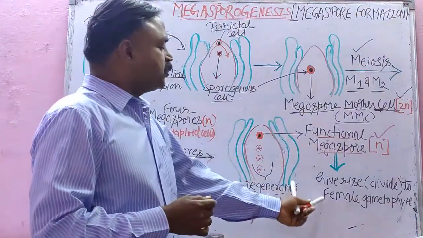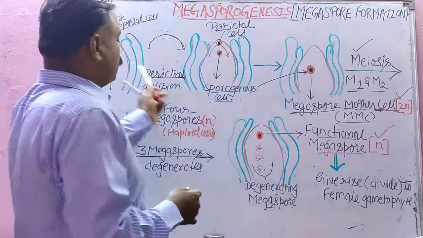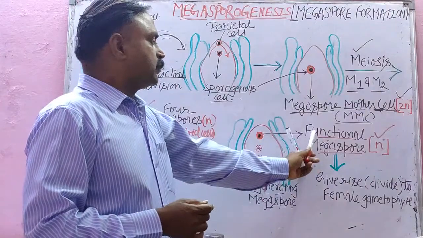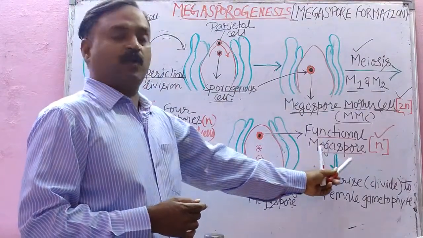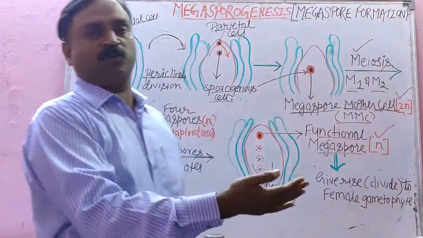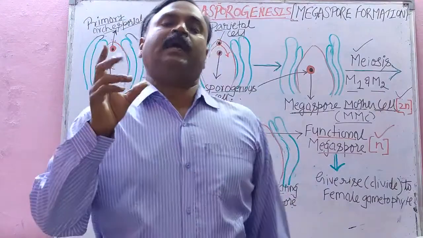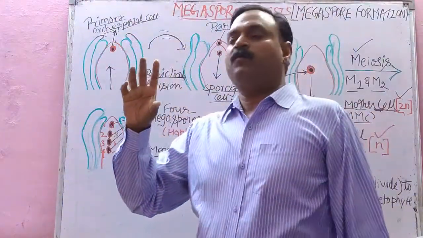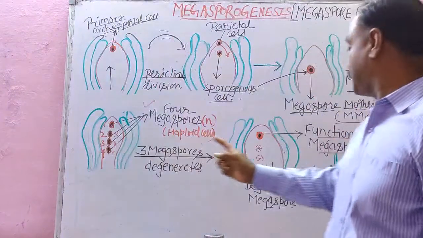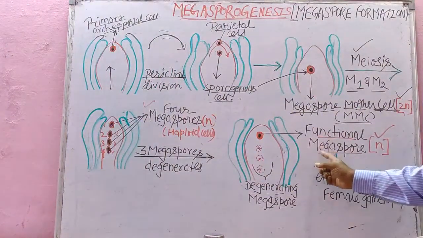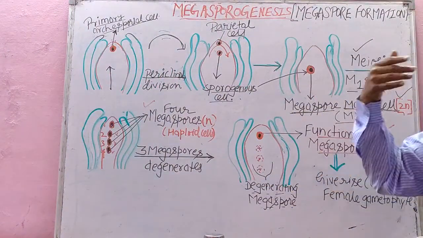The end of this question, that is production of functional megaspore, will be the beginning of the next question, that is describe the development of female gametophyte, and we have to start from the functional megaspore. That will be the next question.